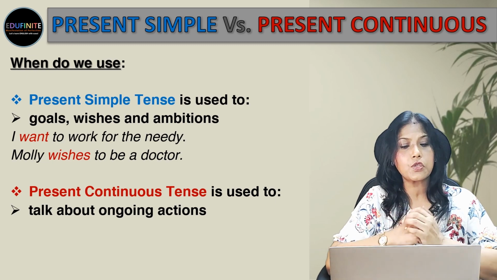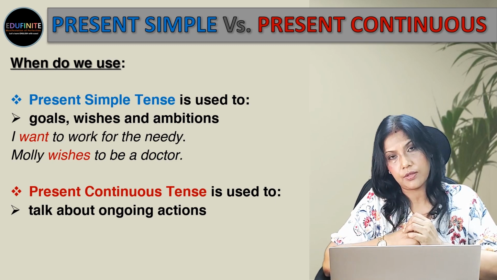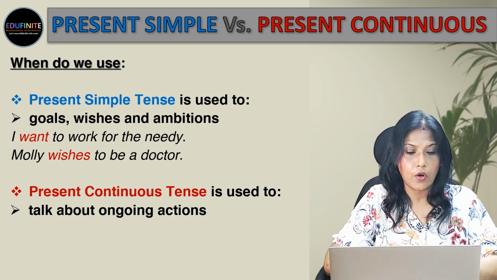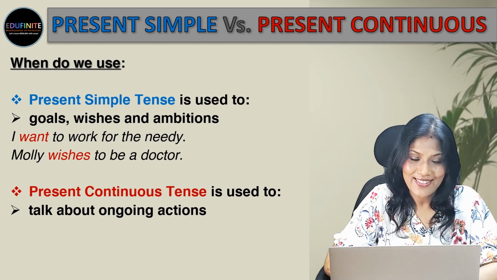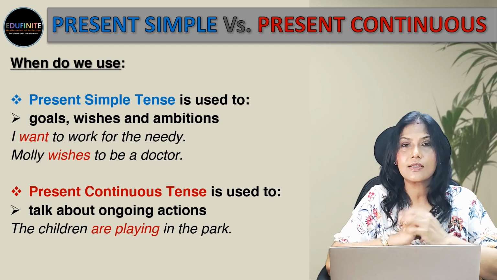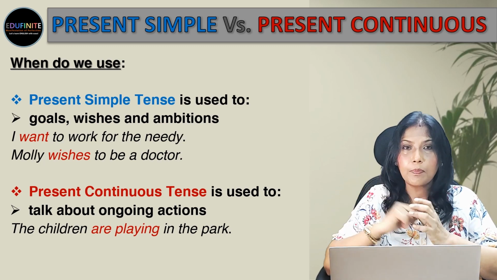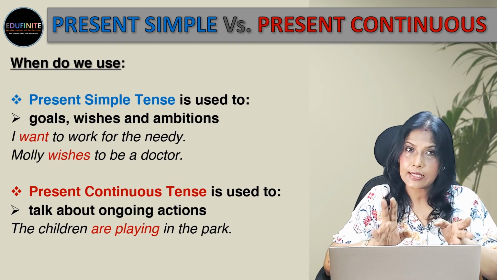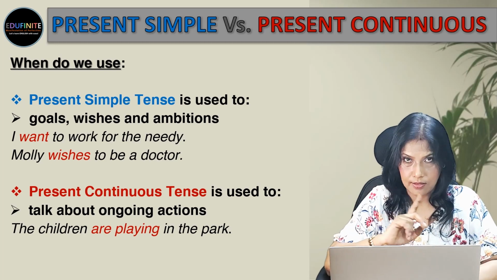Now it is used to talk about ongoing action, something that's still prevalent, that's going on. So let's look into the sentences. The children are playing in the park. So right at the moment I can see the children, I can see the park and they are playing over there. So that's the ongoing action that's taking place.